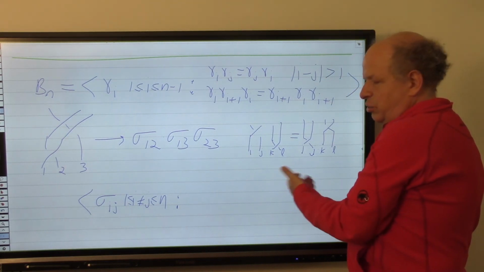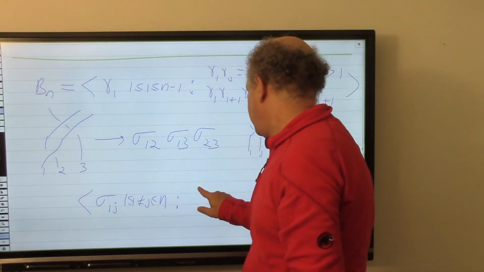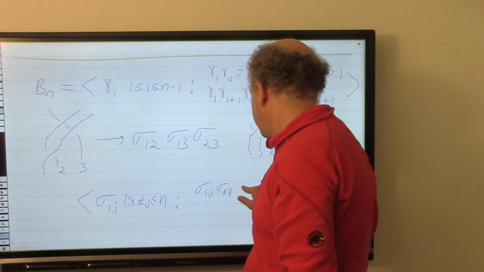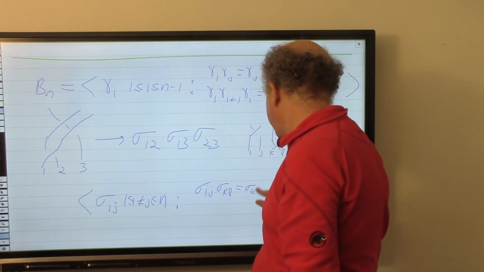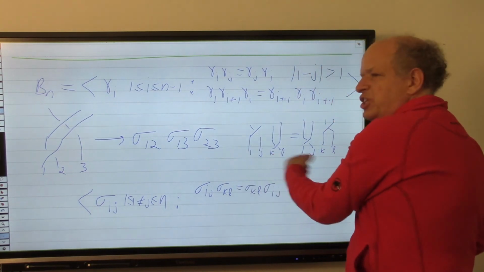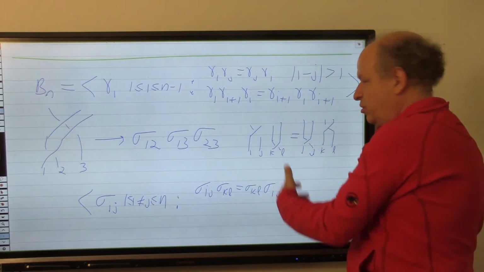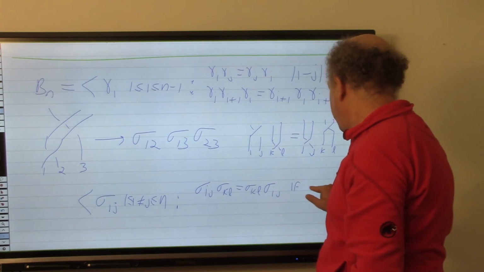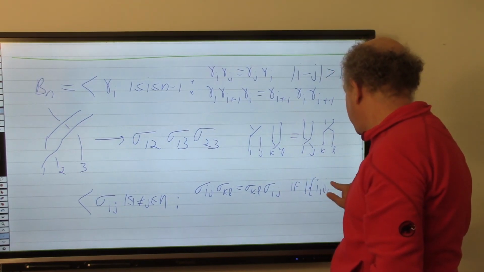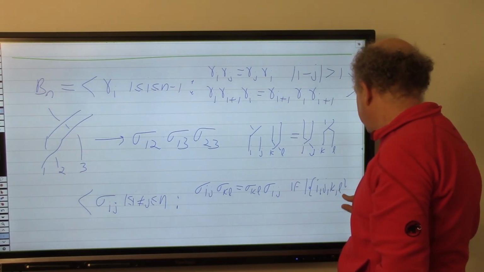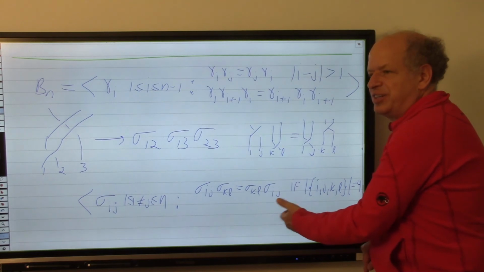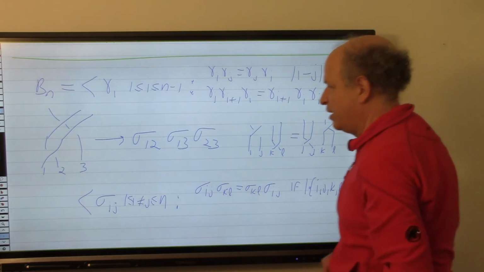And the condition here is sigma ij sigma kl is equal to sigma kl sigma ij whenever these are all distinct. Okay? So if the cardinality of the set {i,j,k,l} is equal to 4. I don't know how to write if they're all distinct in a more compact way.